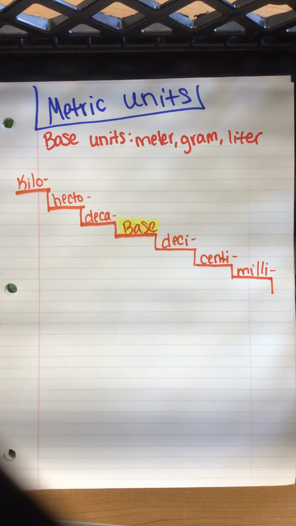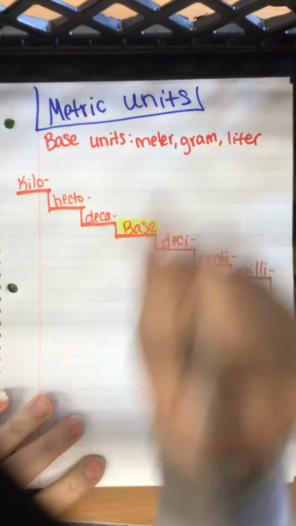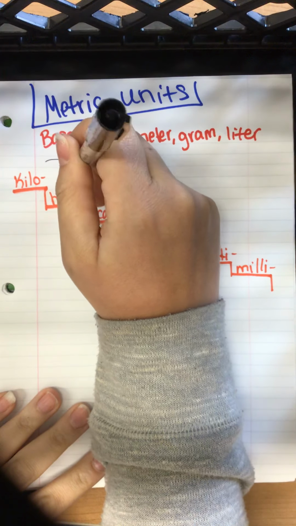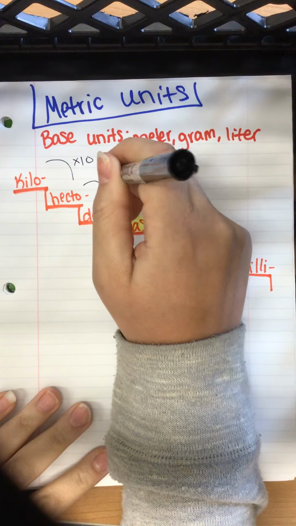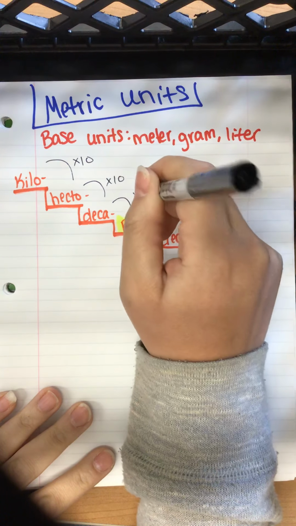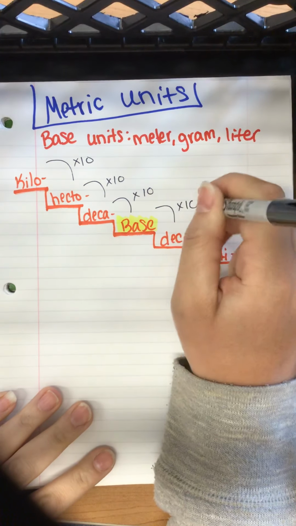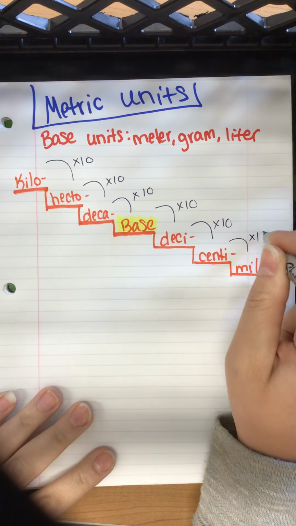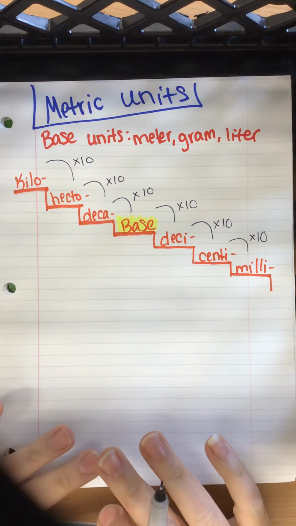So we're going to be converting between different things today for our homework, okay? So when you start up here, every time you move down, you're basically multiplying by 10. And what do we know when we multiply by 10? You are adding a 0, right? Think about 10 times 10 is 100.